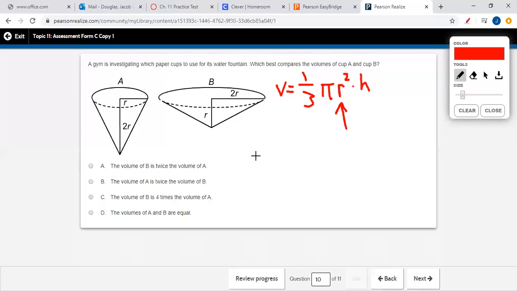So for instance, just hypothetically, say you plugged in a unit measurement of 2 into the radius for A and B. I've already done the math on this ahead of time, but this is going to be roughly 16 cubic units, and this one would be 32.